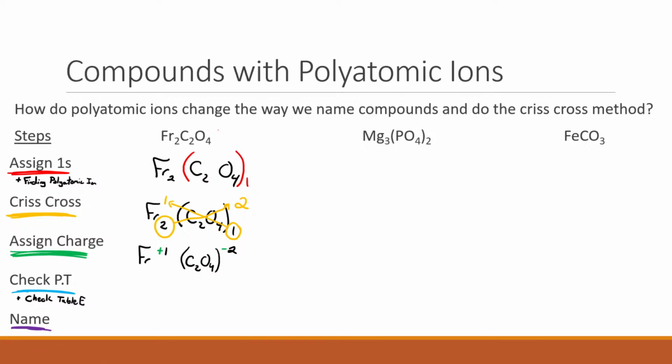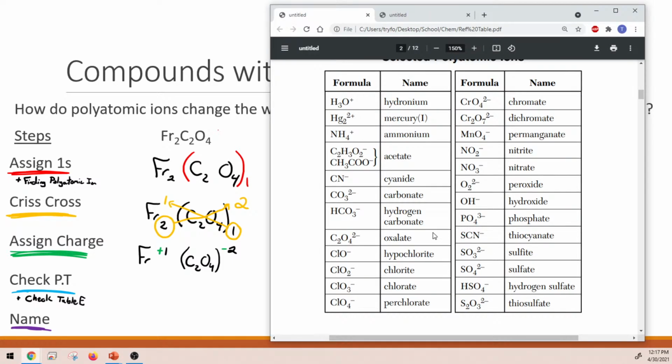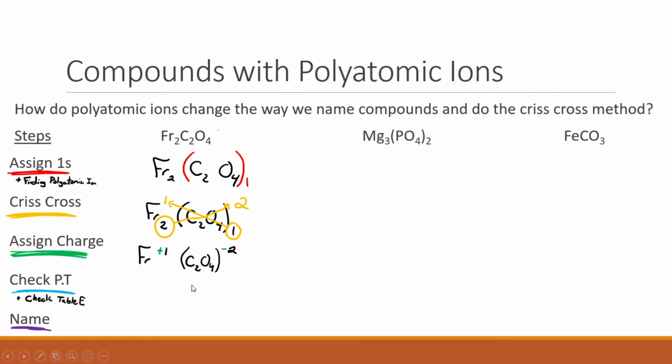So when we go and we check, we're going to look here at table E, find our oxalate again. The -2 here matches what we see from our crisscross method, so that gets a nice check.